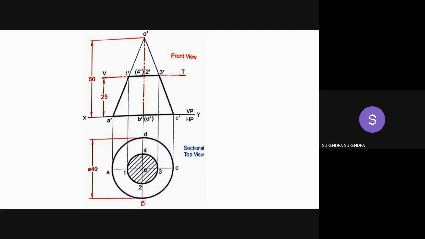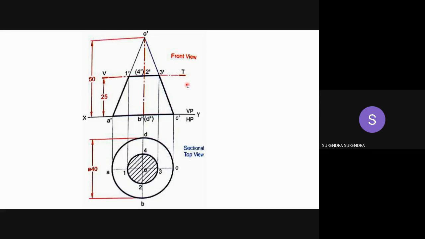The point on the other side of the observer is hiding, so D dash is a hidden point. Now draw the axis line and mark the apex point O dash. Draw only the two outermost generators, joining AO and CO. The others are BO and DO.